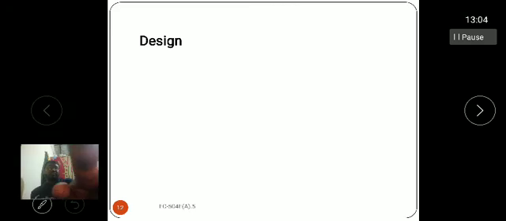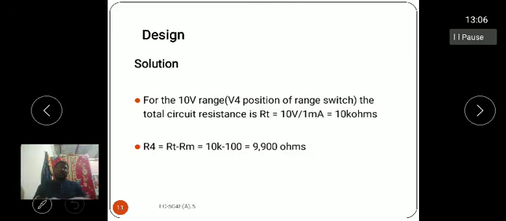Solution. The first one is for the 10 volts range, that means the V4 position of the range switch. The total circuit resistance RT is equal to V by I, which is 10 volts by 1 milliamp, so we get 10 kilo ohms.